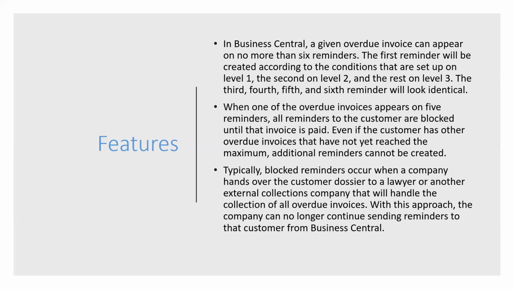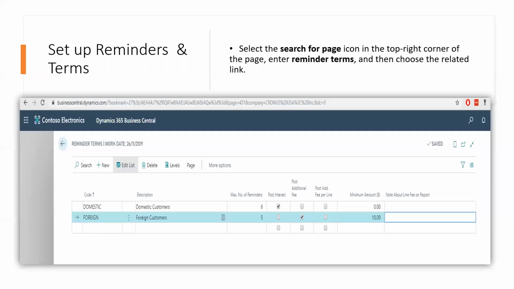So by total amount or by line, we might send reminders via email automatically. We have a batch job or engine for reminders that is going to take a look in an automated process, so the customers will be receiving emails. Basically, is that, right? So we're going to start setting up our reminders and the terms.